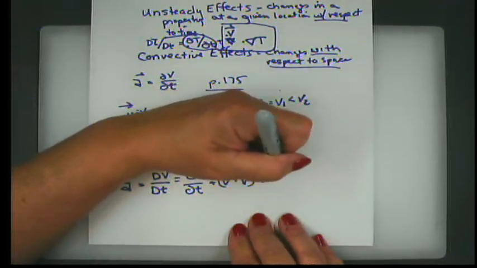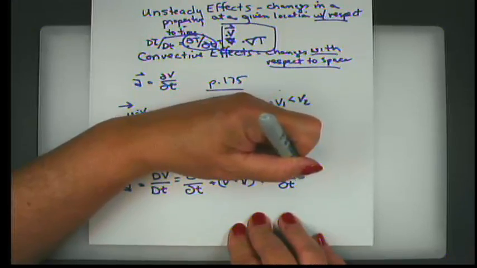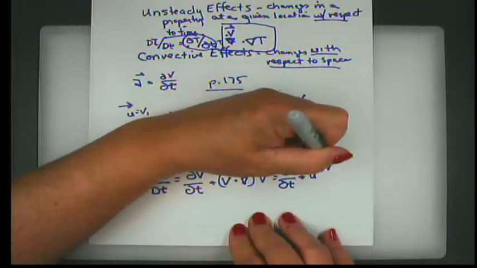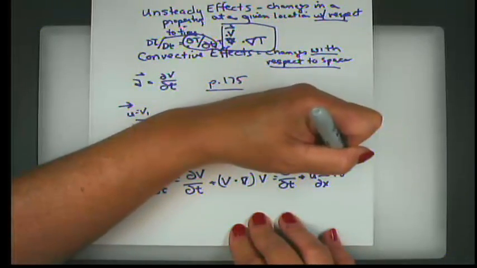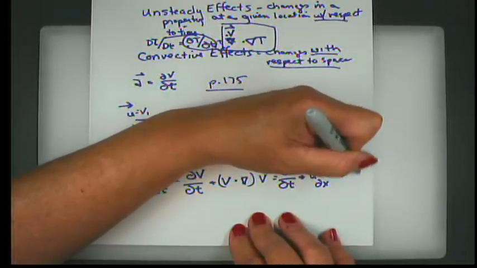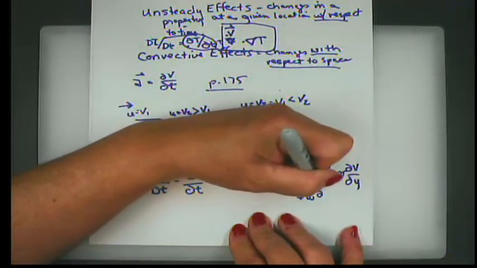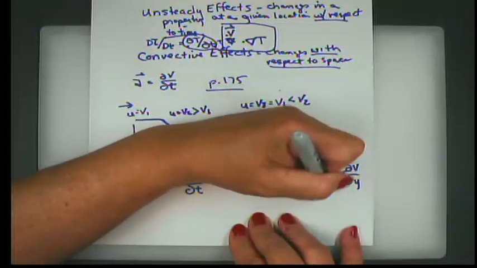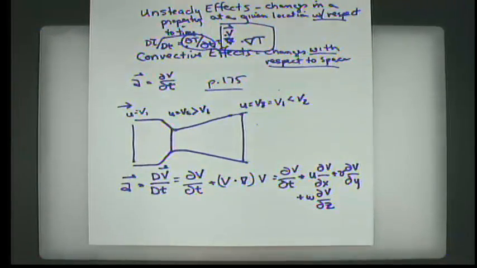And so we get the del V del T, plus we get the same terms, the U, and then the partials in each of the spatial directions. Okay. So we take into account the convective and the unsteady effects.